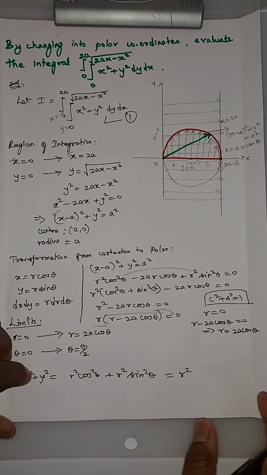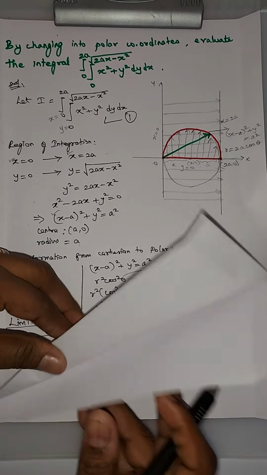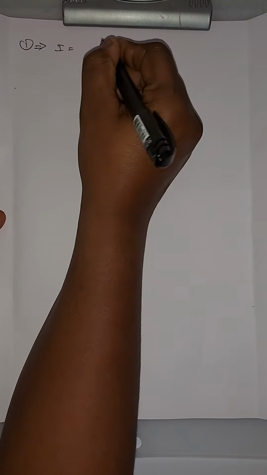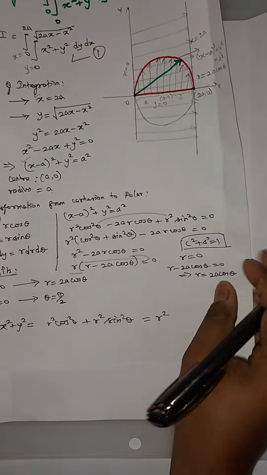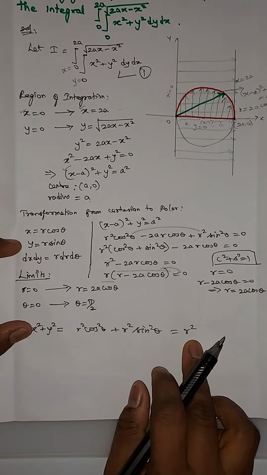Substituting all this in equation number 1, I is equal to the double integral of the integral function, which is r square.